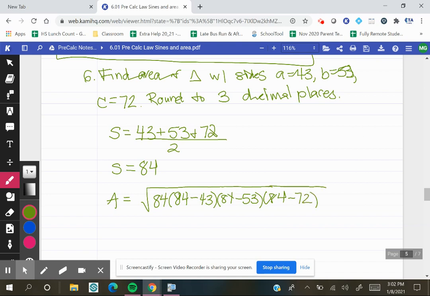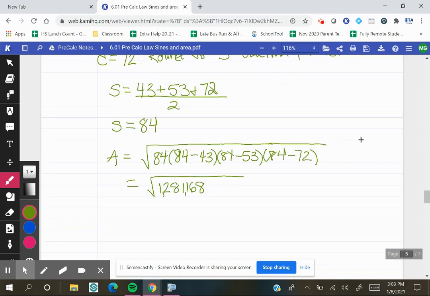Now it's just a matter of typing all that into your calculator. So go ahead and type in everything that's underneath the radical. This way you can get some partial credit if you type something in wrong. And you should get 1,281,168, and then take the square root of that.